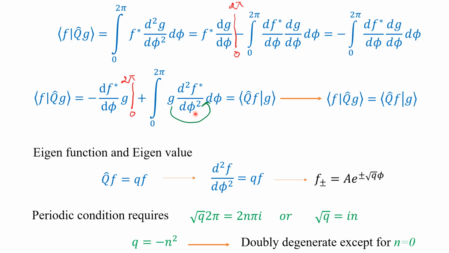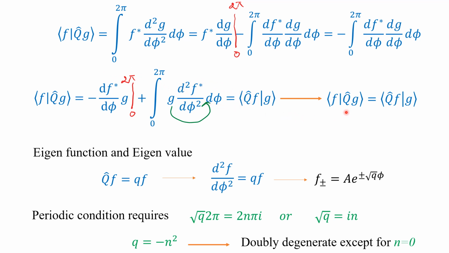Remember that d²/dφ² is the operator, so that operator acts on the bra f, and this is ket G. Look at here: we started with bra f, ket QG, and we end up with bra QF and ket G. By swapping this operator, your result does not change.